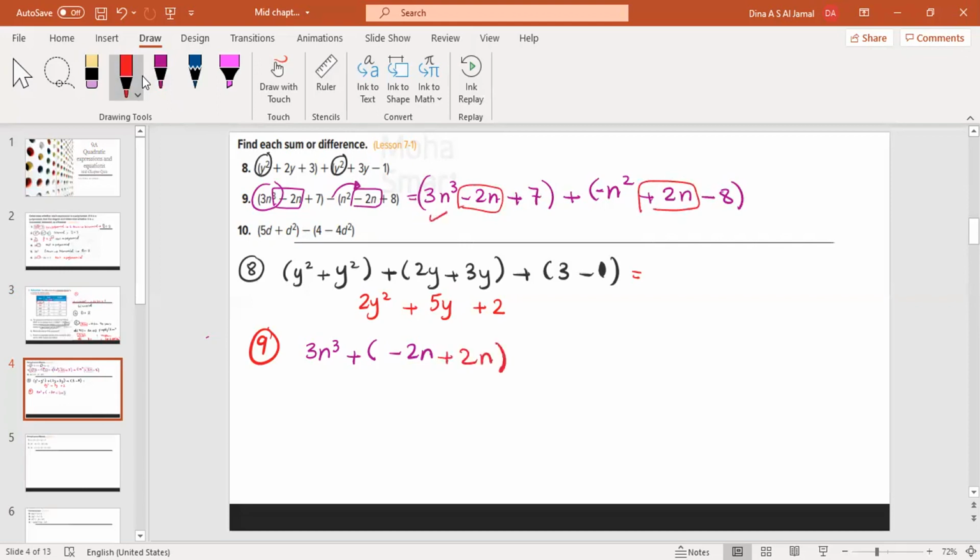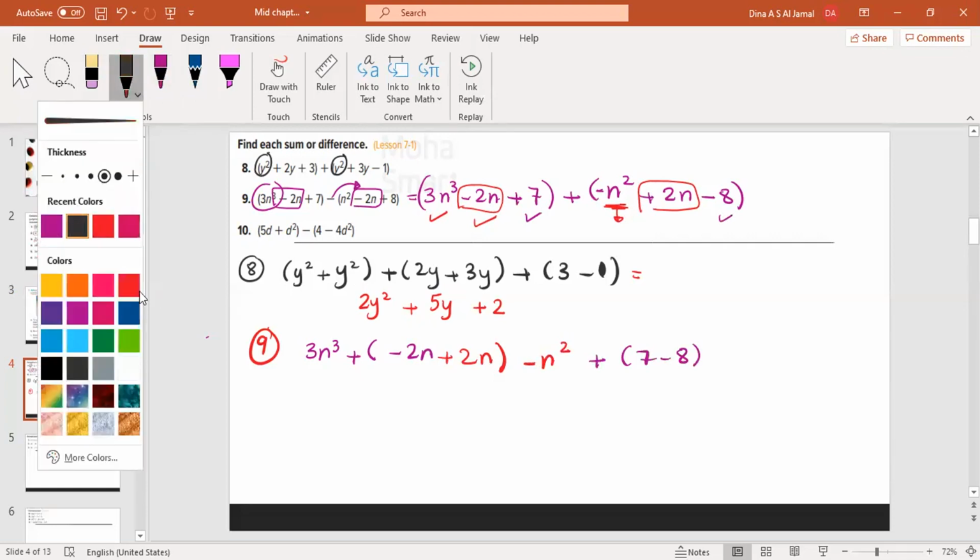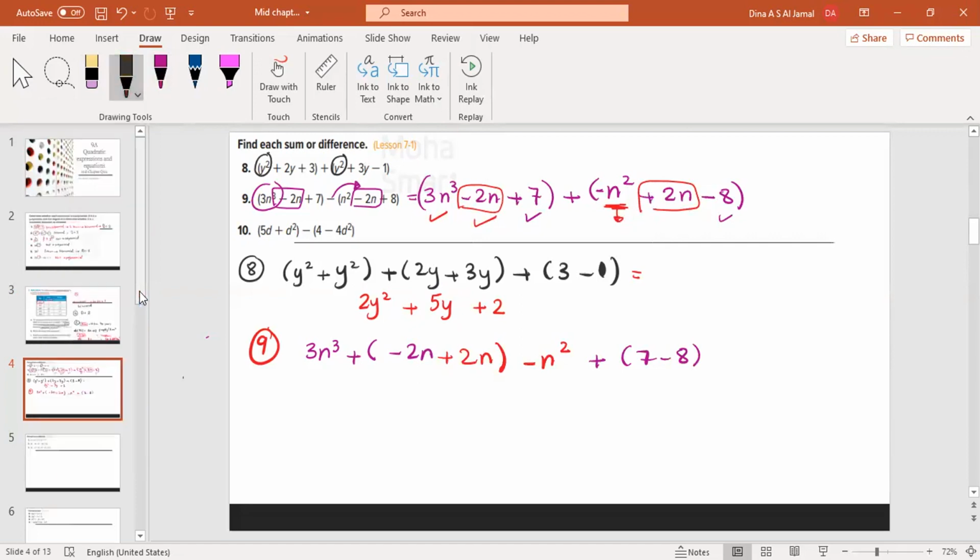Good. So we were done from this one and this one. Now, do I have any other like term other than minus n squared? No, just keep it as it is. Then let's go to the other terms. What we are having: 7 and minus 8. Just keep them between brackets. Now let's organize it in the standard form from the highest power to the lowest power.